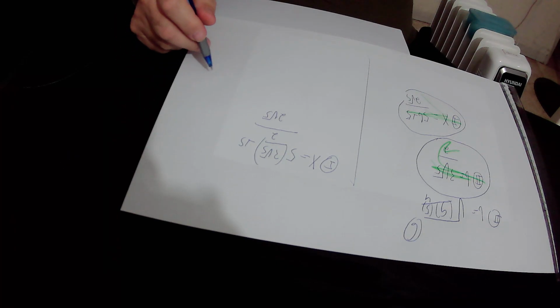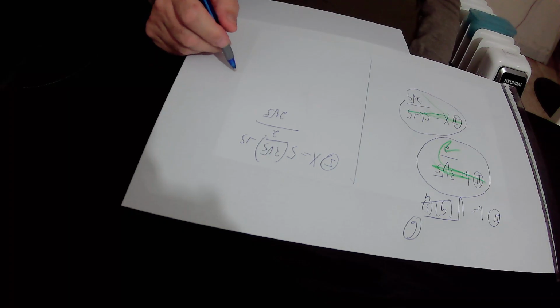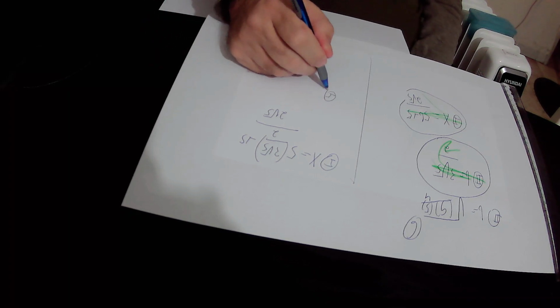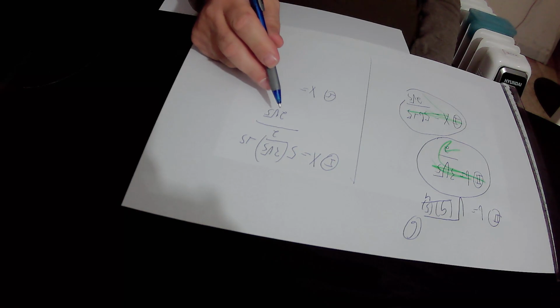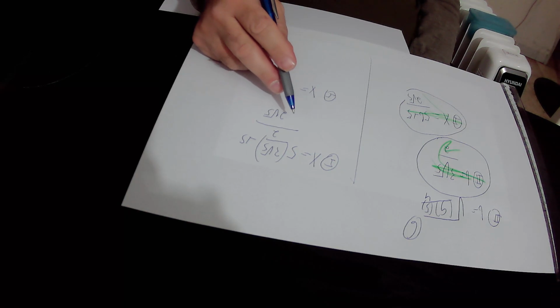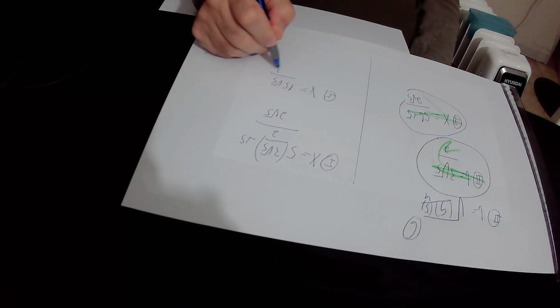Okay, this expression equals the value of x, that is the value that we are looking for. So, according to equation number 1, x equals 5 times 3 is 15 times square root of 5 over 2.